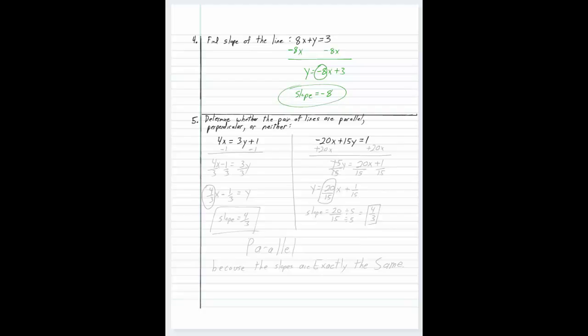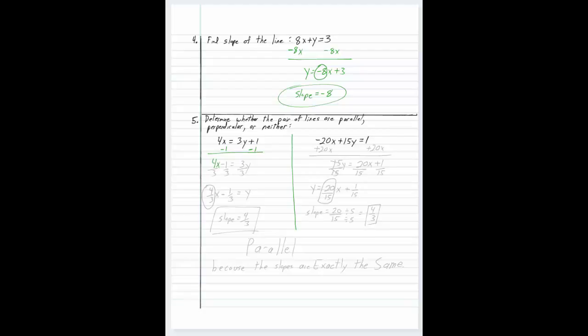Number 5. We're given 2 equations and we would like to determine whether the lines are parallel, perpendicular, or neither. To find this, we're going to find the slope first. So let's treat this as 2 separate problems. Now let's do 4x equals 3y plus 1 first. And let's get y alone. So I will subtract 1.